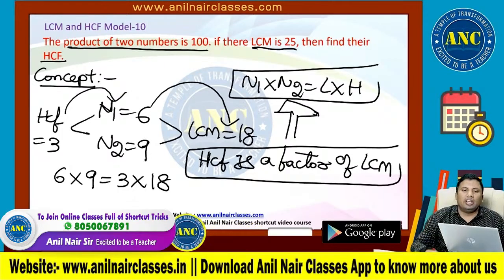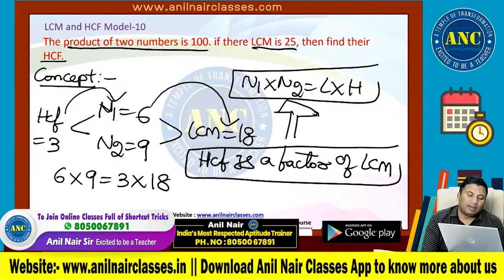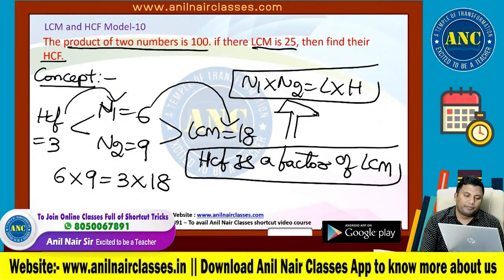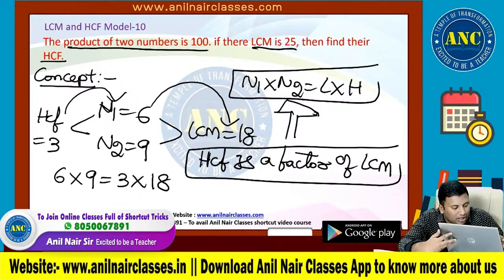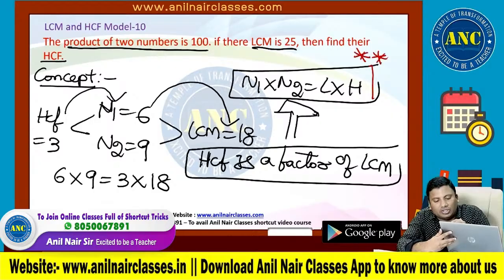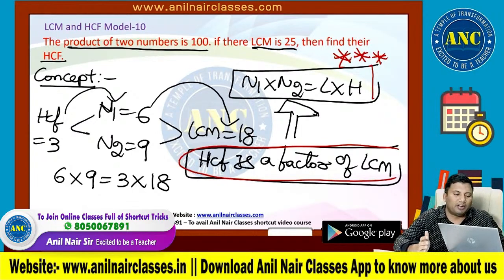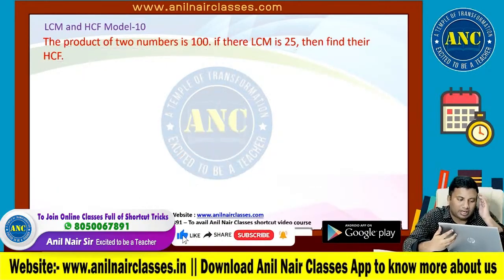HCF is a factor of number, number is a factor of LCM, so HCF is a factor of LCM. Product of two natural numbers equals LCM into HCF. This is used only when HCF is a factor of LCM. Remember this extremely important concept.